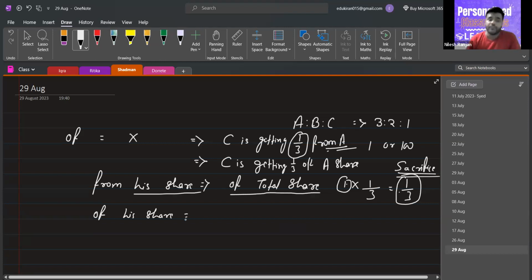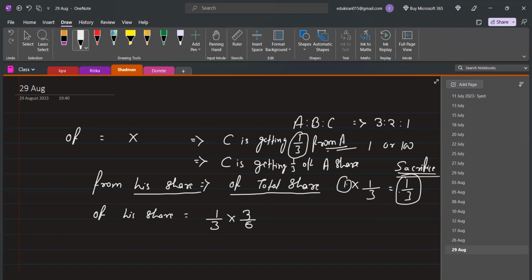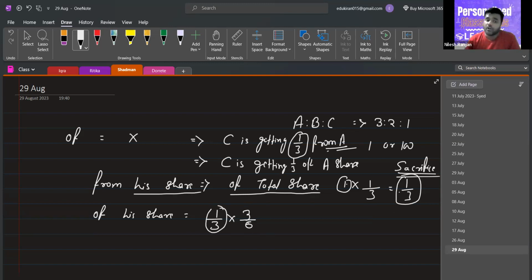And if "of his share" is given, then you have to multiply this 1/3 with that partner's share of profit. A's share is 3/6, so he is getting 1/3 of A's share, that is 3/6.